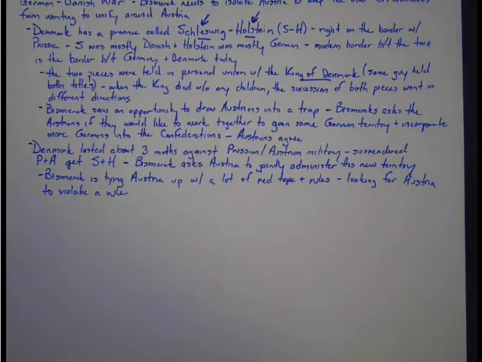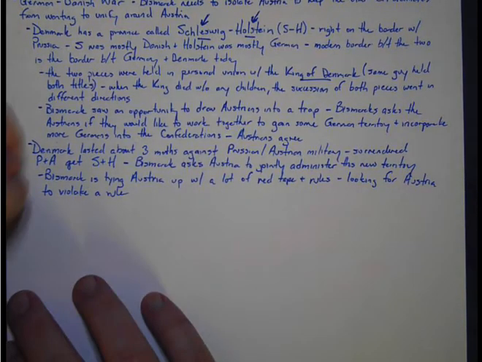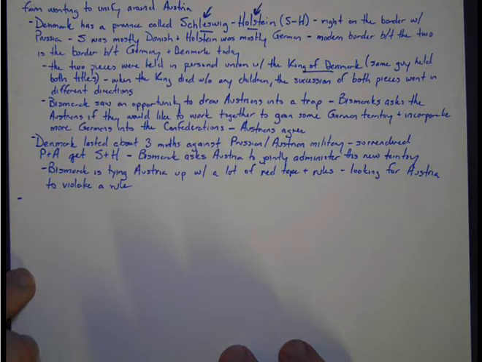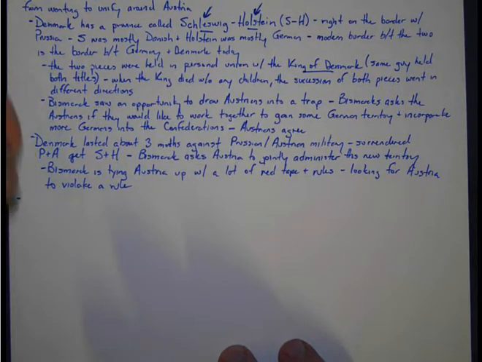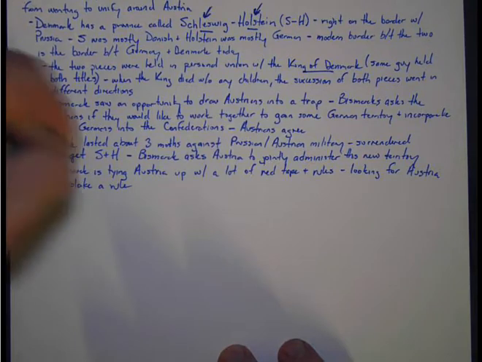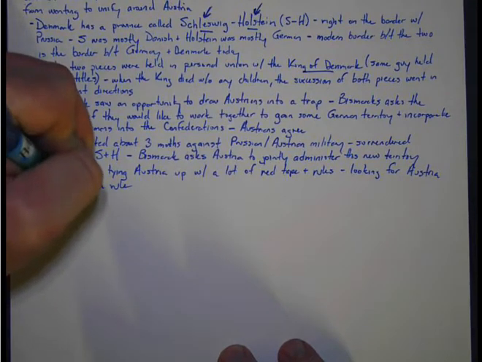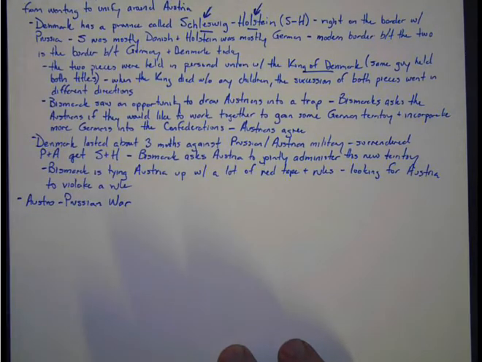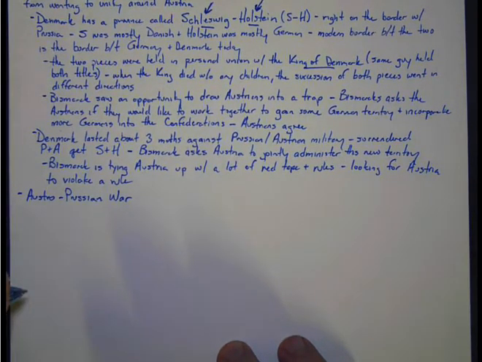All right, so they jointly administer these new territories for about 1.5 years. And then we get the second war, the Austro-Prussian War. So this happens in 1866.